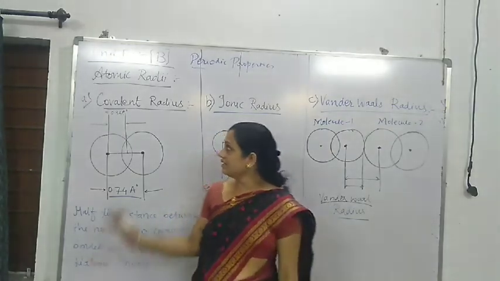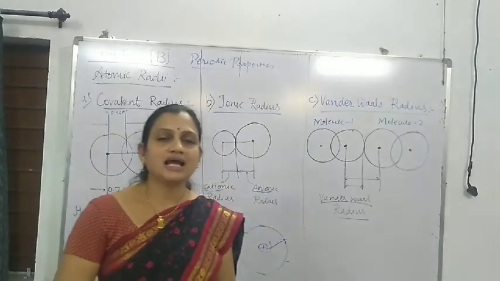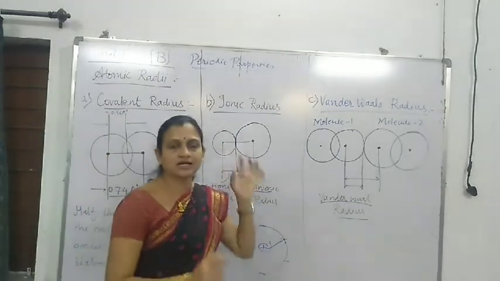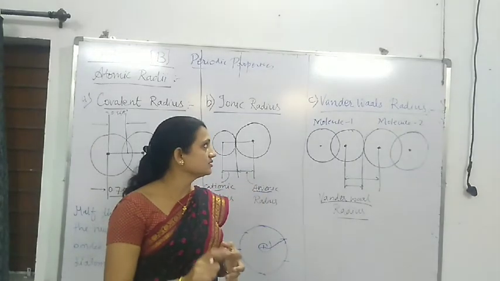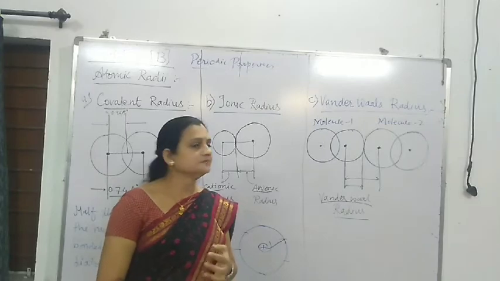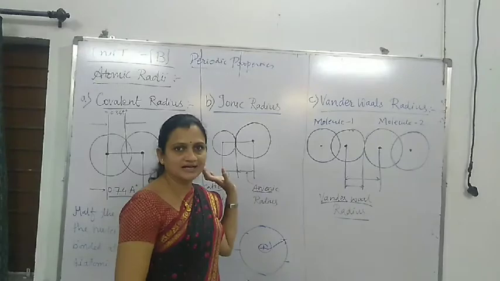So these are the three terms which are included in the atomic radius and these are very important. Separate term मतलब ये जो separate है covalent radius, ionic radius और van der Waals radius, ये आप लोगों को 1 मार्क के लिए पूछ सकते हैं. So you have to write only definition or this diagram. Okay.